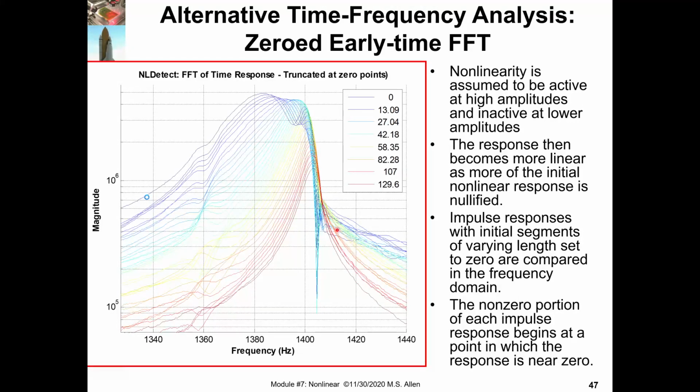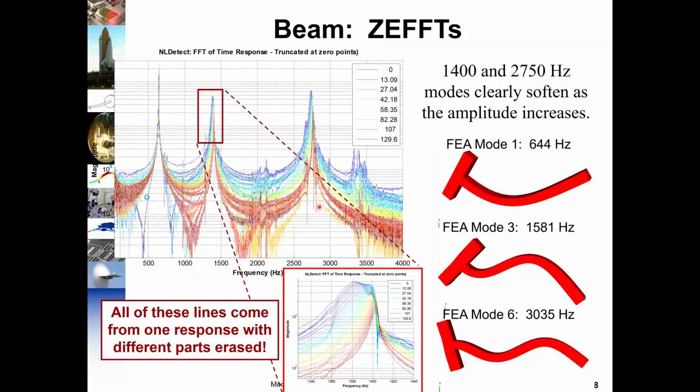So we can say at this time and onward, the system was behaving linearly. And so we can use that to figure out what amplitude the nonlinearity starts at. So this is a really easy method and something that you can use if you want to. It's really simple to code up, and we have code that implements it as well.